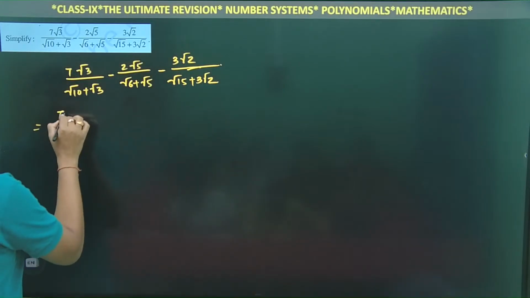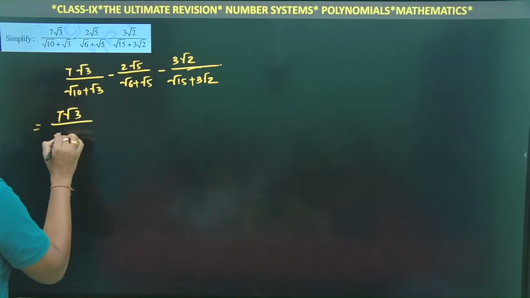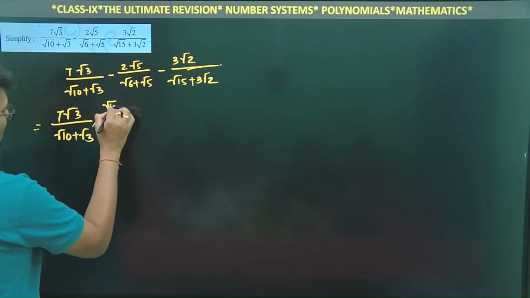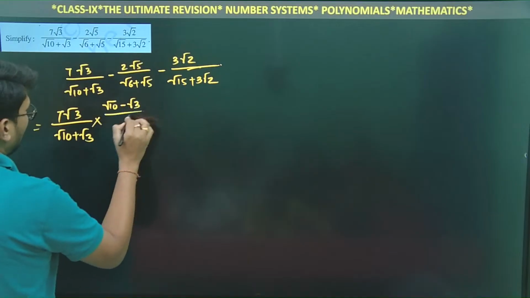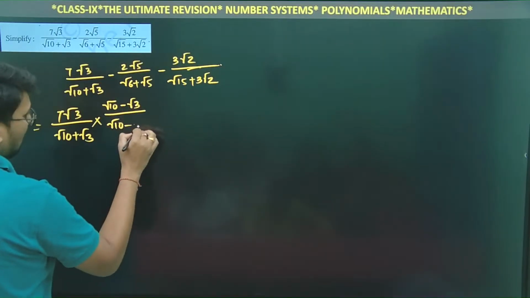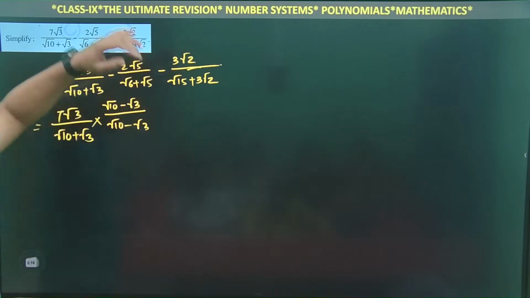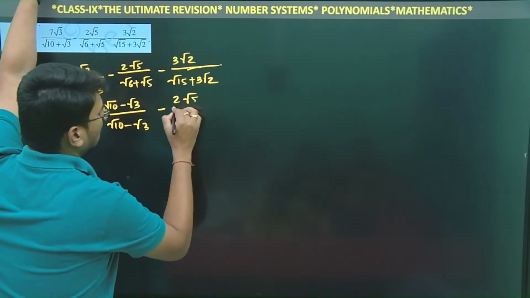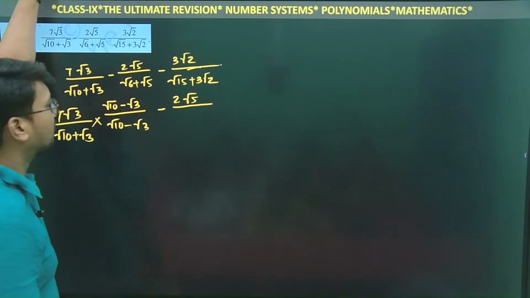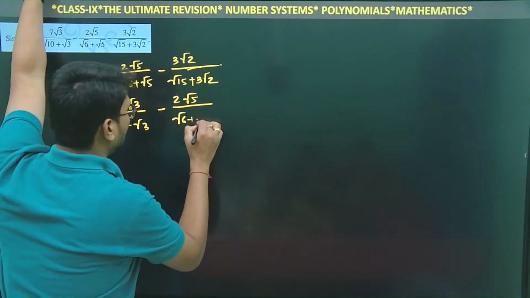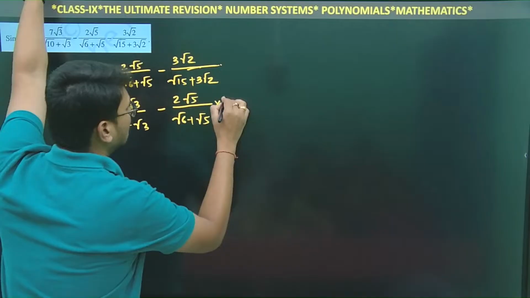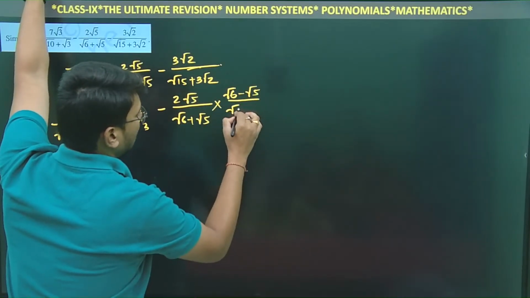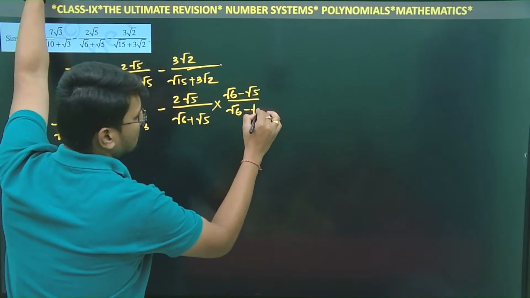Tell me. 7 root 3 by root 10 plus root 3 into root 10 minus root 3 by root 10 minus root 3. Got it? Then minus 2 root 5 divided by root 6 plus root 5 into root 6 minus root 5 by root 6 minus root 5.